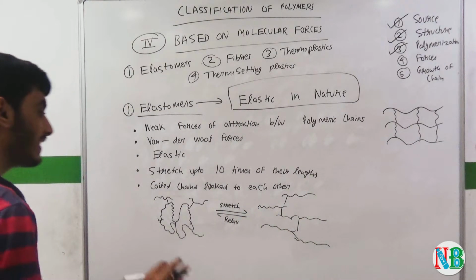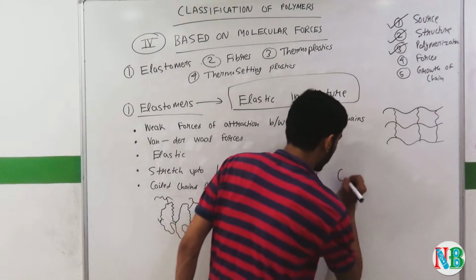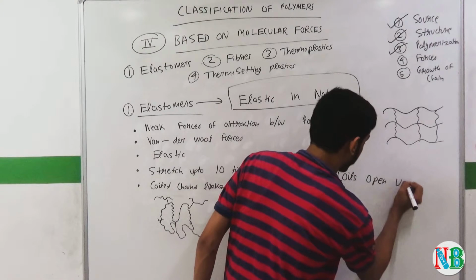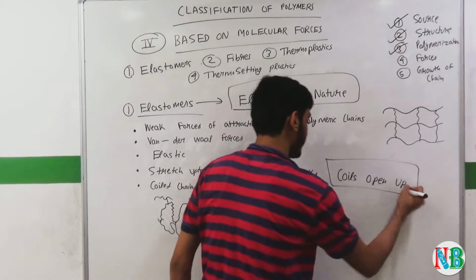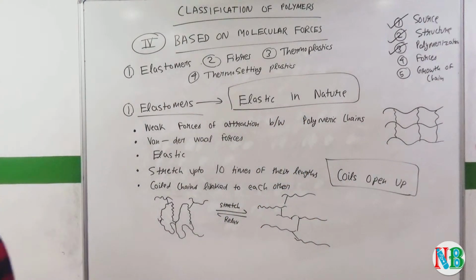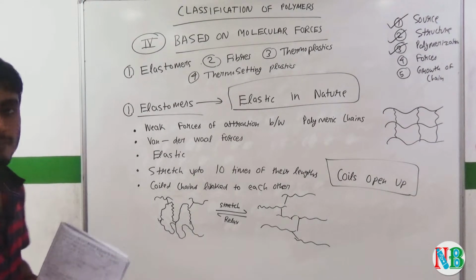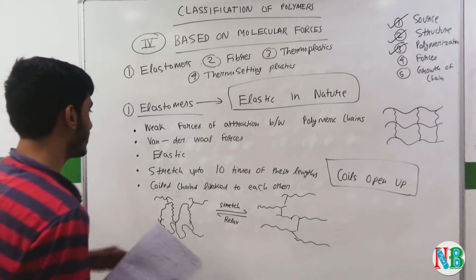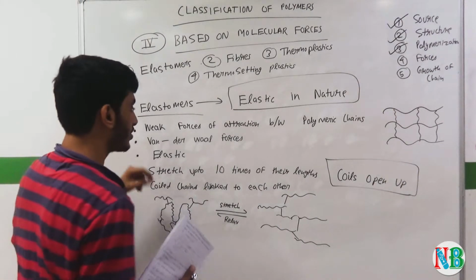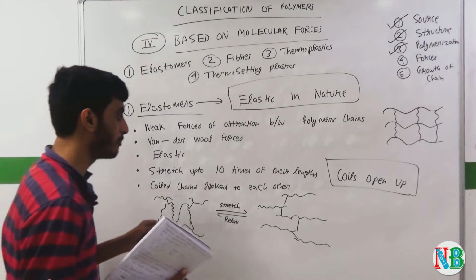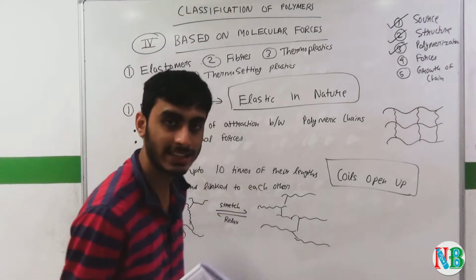So I can simply say that all the coils open up. So the van der Waals forces allow the substance to expand or stretch up to about 10 times of their length.